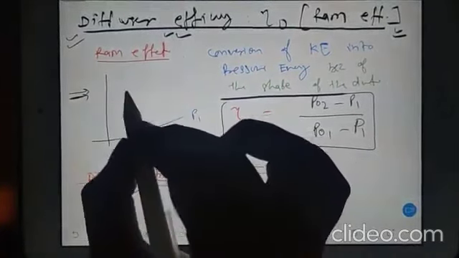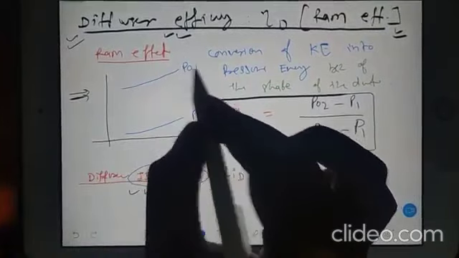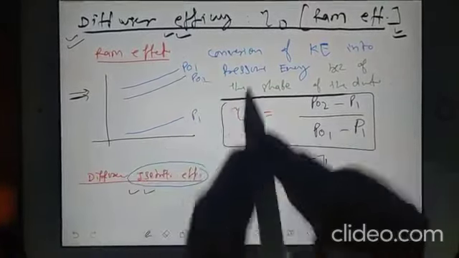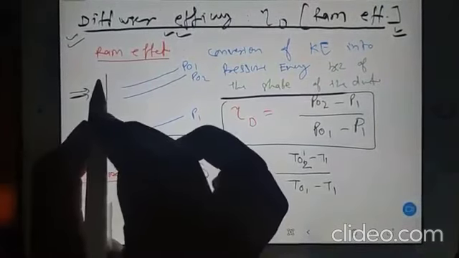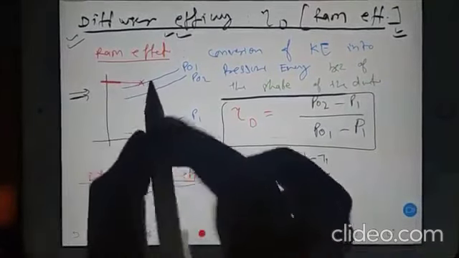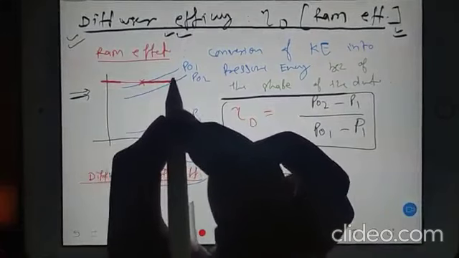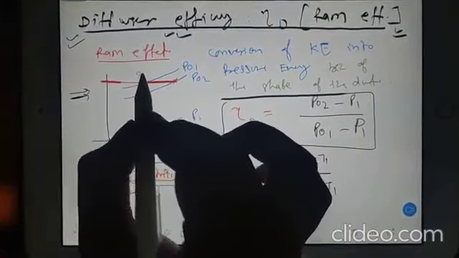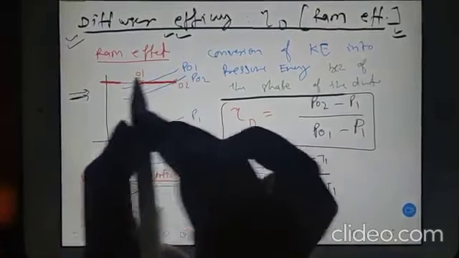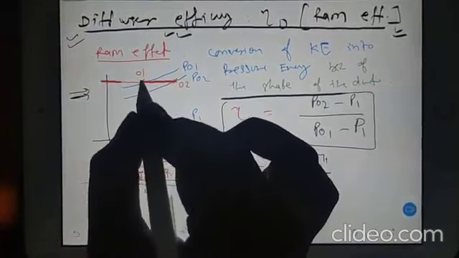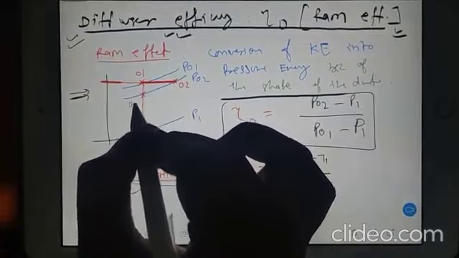This is the P1 line, this is your P01 line, and this is your P02 line. Ideally, this was my total temperature, so it should be constant till here. I am giving this name as 1, this name as 2, and when I go like this, I am giving this name as 02 dash.